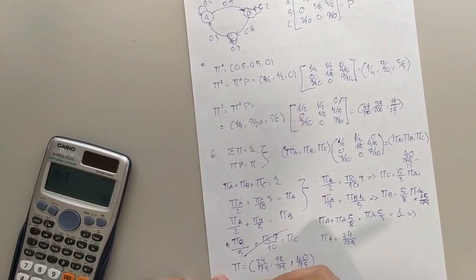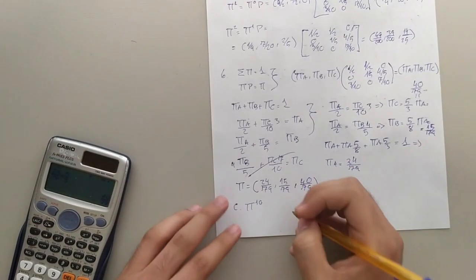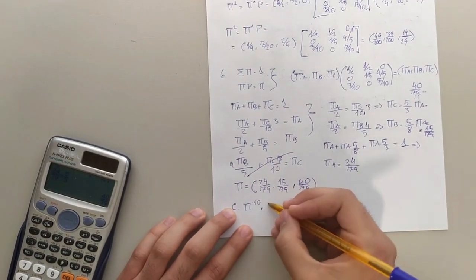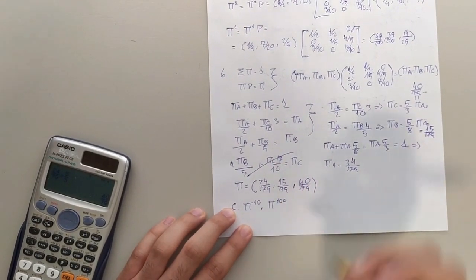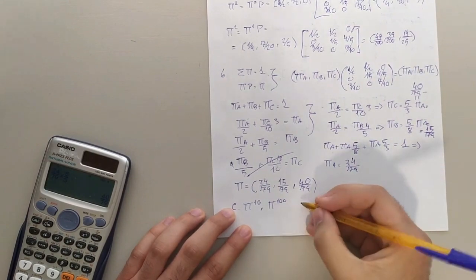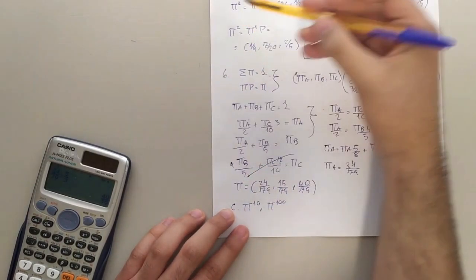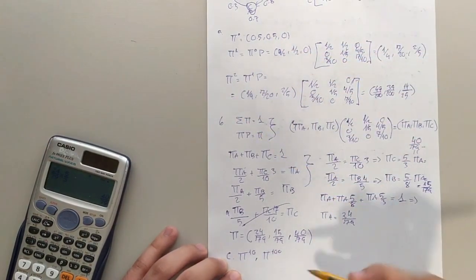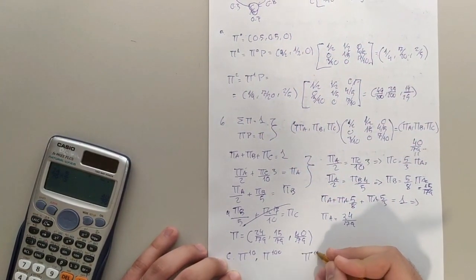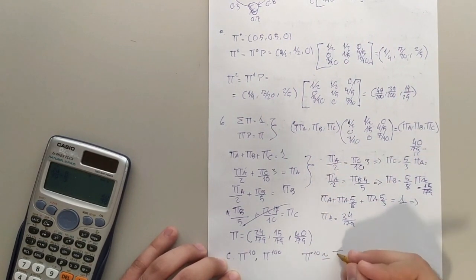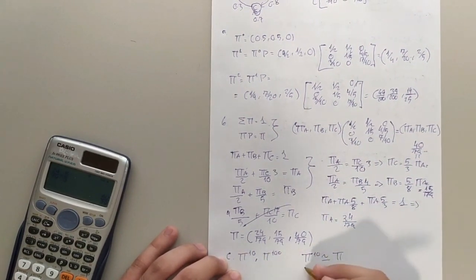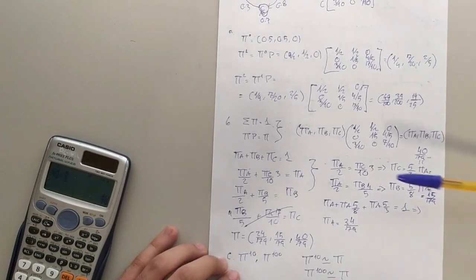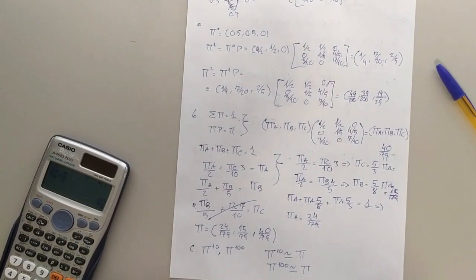So due to the fact that 10 and 100 are large numbers and the computation of this formula is large, we can say that it almost equals the steady state vector. So there's no need to do any computation because it will be tedious.